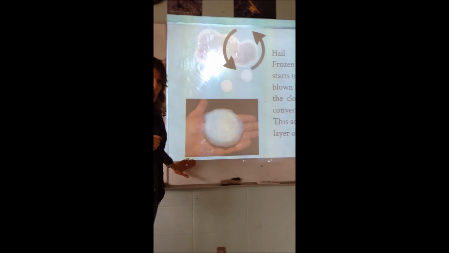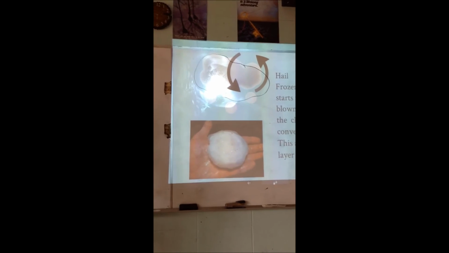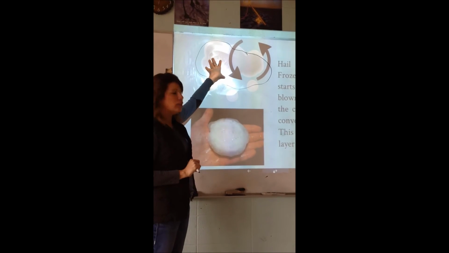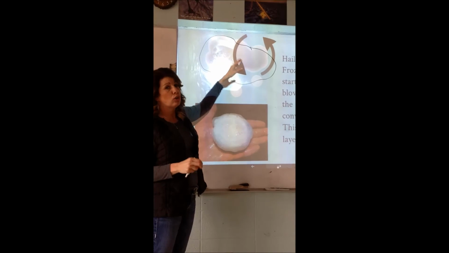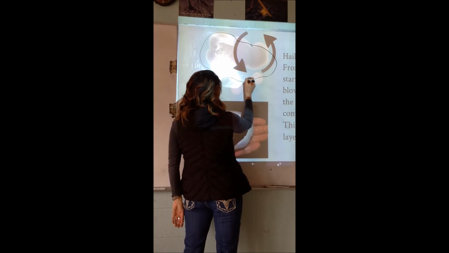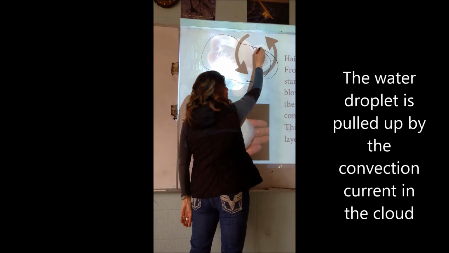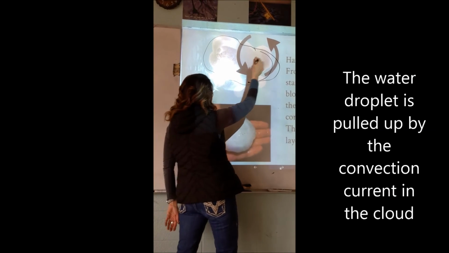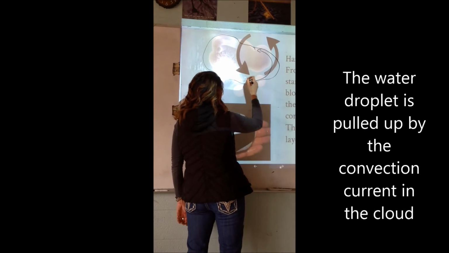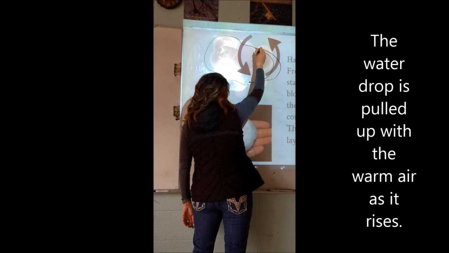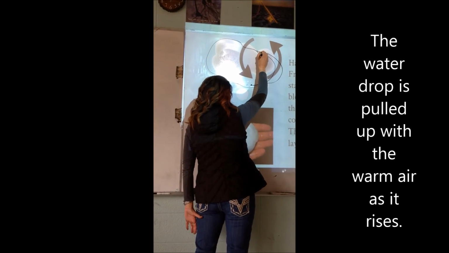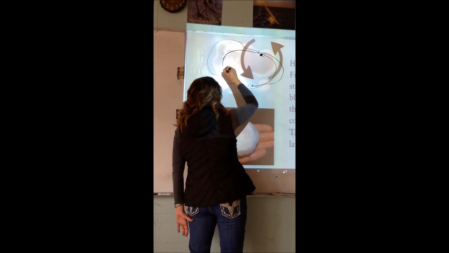Okay? Hail. Let's discuss how hail is formed. Inside this cloud, there's a lot of stuff going on. It could start off as a water droplet, and then that water droplet gets pulled up because this is a pretty massive cloud, and it's warmer down here and colder up here, so as that water droplet comes up here, it freezes into a solid piece of ice, and then it'll come back down.